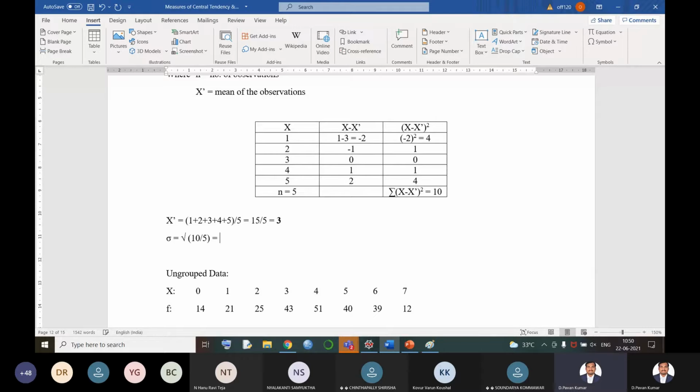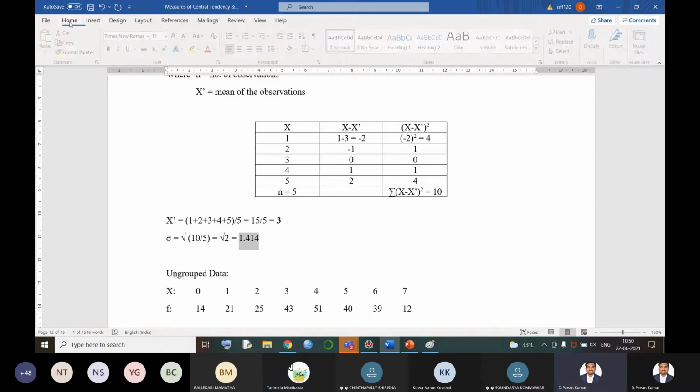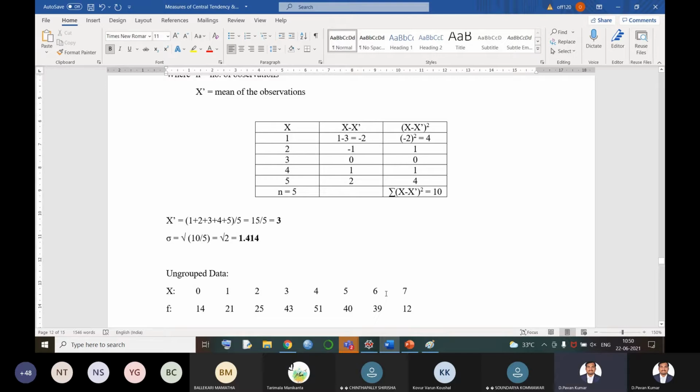So close the bracket. That is equal to square root of, the answer is 10 by 5 is 2. So what is the answer of square root of 2? 1.414. So that is our 1.414. Exactly. So our standard deviation answer is 1.414. So the average distance from the mean is 1.4.